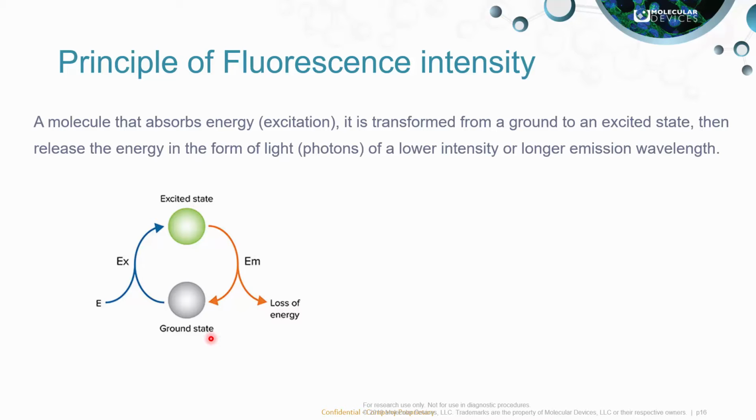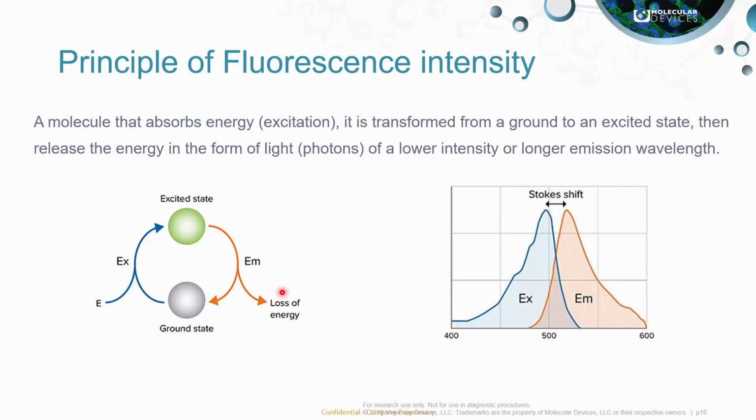It then releases the energy in the form of light of a lower intensity and longer emission wavelength. Due to the energy dissipation during the excited state lifetime, the emission energy of a photon is lower. It therefore has a longer wavelength than the excitation, as you are losing some of the energy in the form of heat. The difference in energy or wavelength is called the Stokes shift.